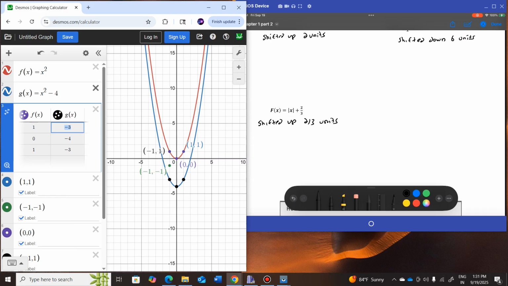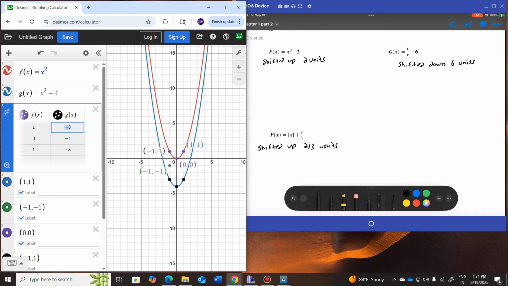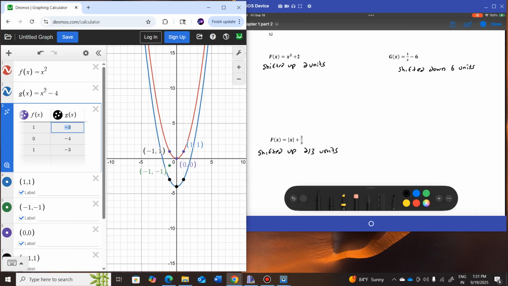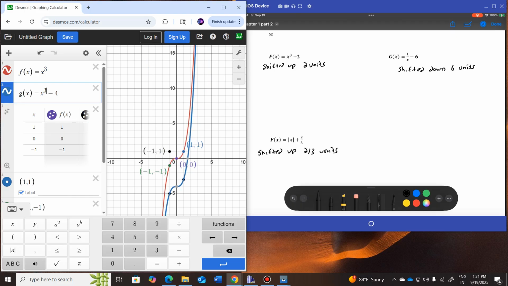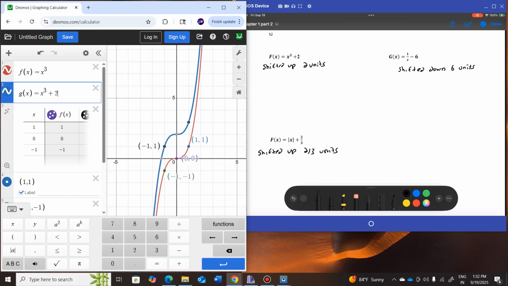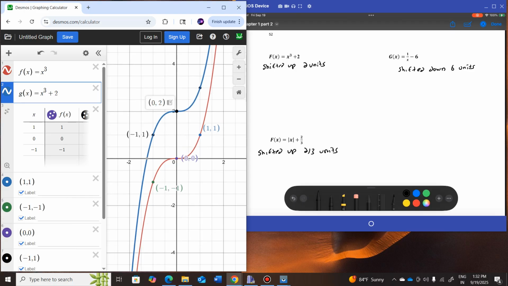And so the first one, x cubed plus 2. So we'll switch this to x cubed. And x cubed plus 2. And we can see this point goes from 0, 0 to 0, 2. So it's shifted up 2 units.